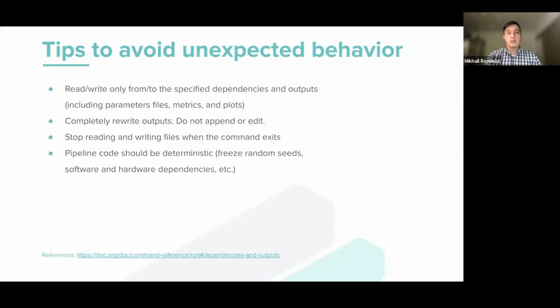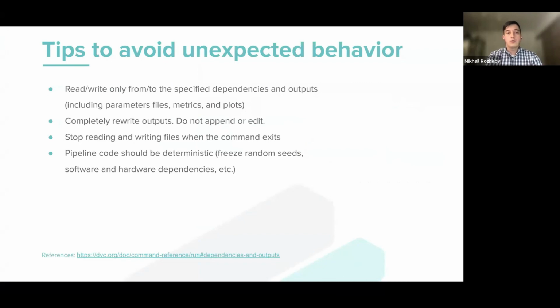So to make it easier to work with, it's better to keep all the stages, first one, I would say deterministic, yes, that you freeze all random seeds and all dependencies and outputs.